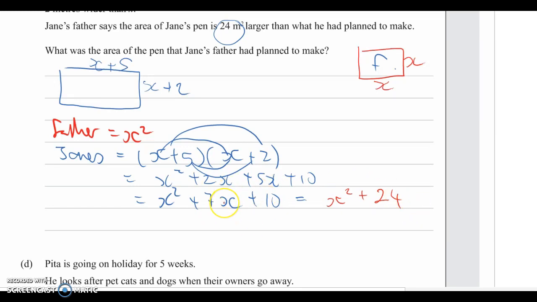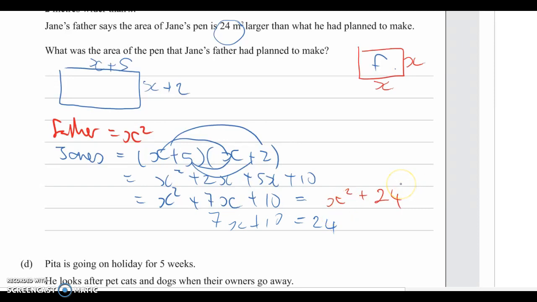Or you could have minus the 24 from that side. Now, what I would do if I've got a quadratic is I'd take all the x squareds onto one side. So if I take this x squared off here, and on that side, it's actually going to cancel out. So it's actually not a quadratic. I'm just going to end up here with 7x plus 10 equals 24.